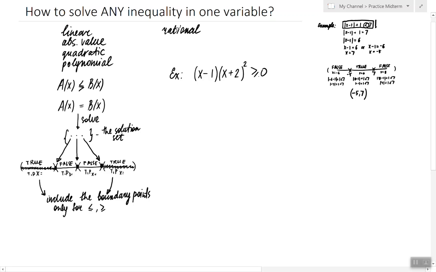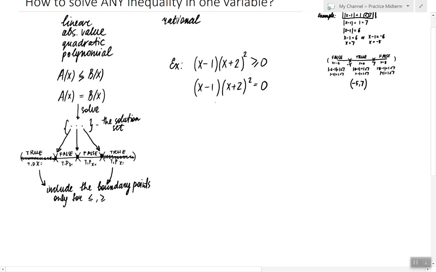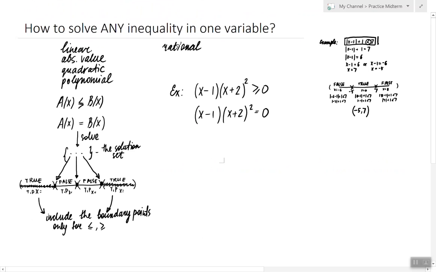So to solve this inequality, again, according to this method, I have to replace the inequality sign with an equal sign. And how do we solve a polynomial equation given to us in factored form?